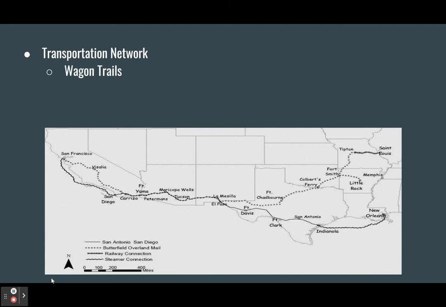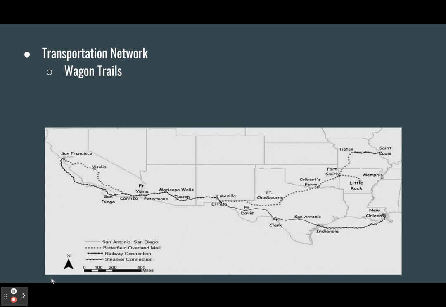And I want to make something very clear here. There are lots of stories about wagon trails and all of these trails that are developed that connect different communities together all throughout the West. What I want to be clear about is that these are trails that are developed by Native Americans.